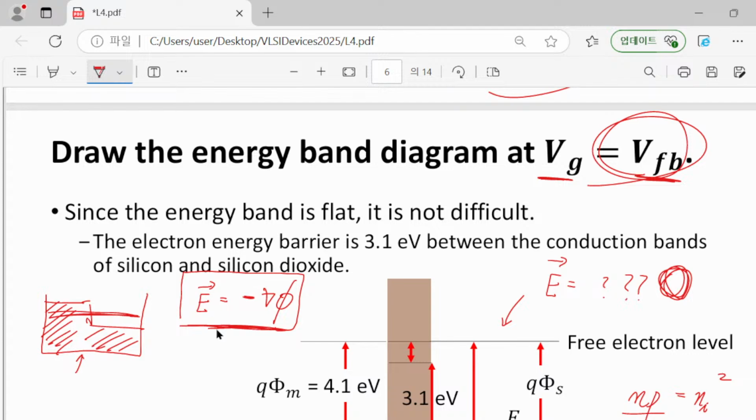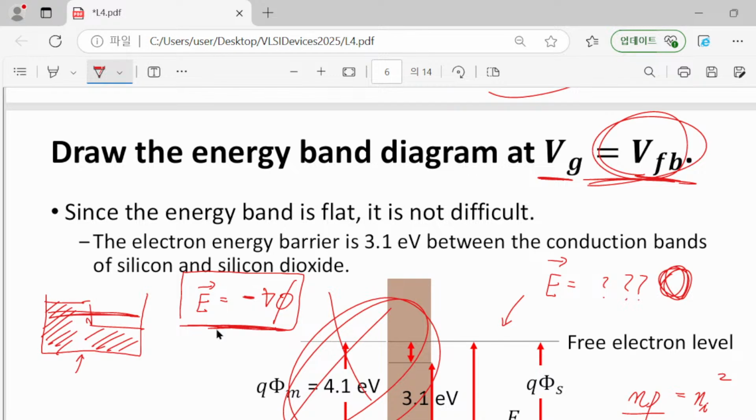The semiconductor material is in its neutral case. Only doping determines its properties. No other effect from the existence of the attached silicon dioxide and metal. Their effect can be neglected in this special case of flat band. That's the reason why we start from the flat band condition.